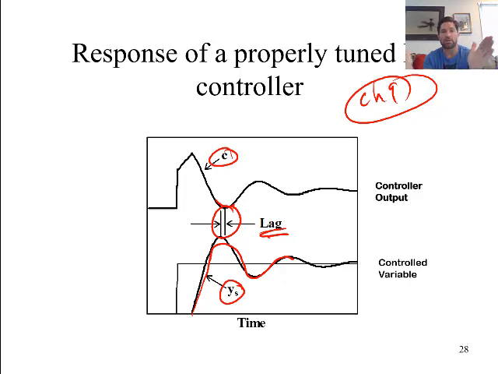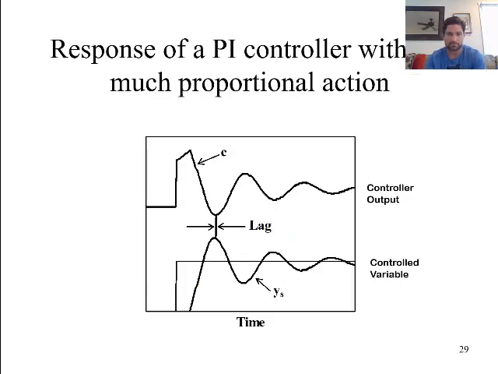If the lag is more, that means there's more integral action than needed, and you have to tune down the integral, right? But you need to have access to this, which is why one of the important things to do when tuning a controller is to document changes and make a note of what your data looks like.